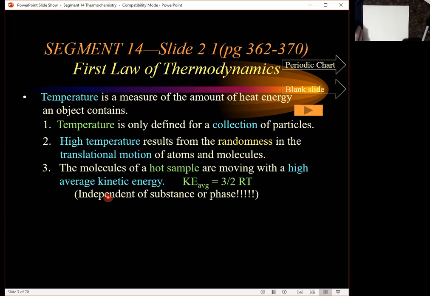And by the way, the books don't tell you this. They imply that this is just for gases. It is not. It's independent of substance or phase. Anything at the same temperature, whether it's a solid, a liquid, or a gas, has the same average kinetic energy, 3/2 RT.